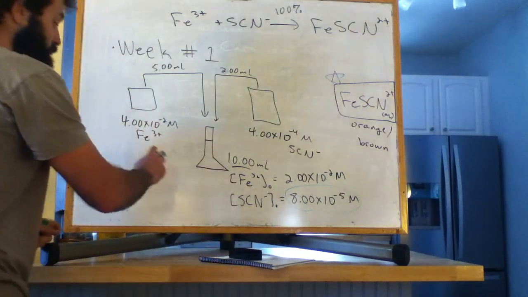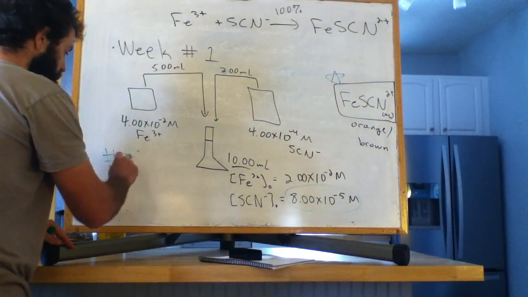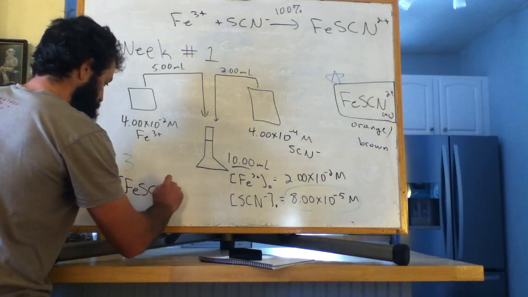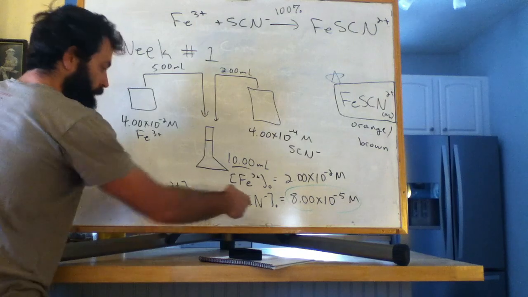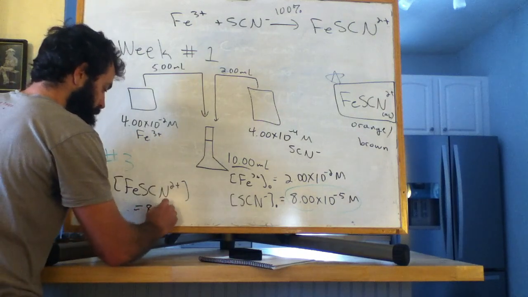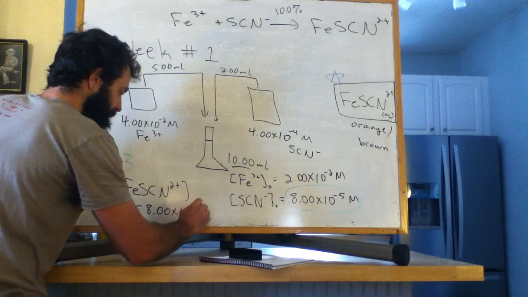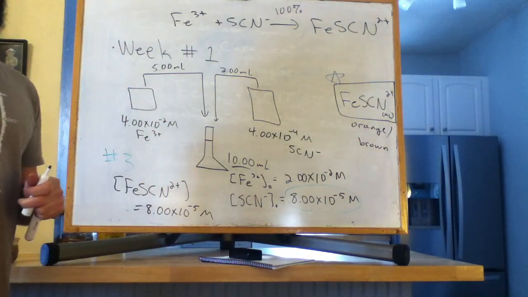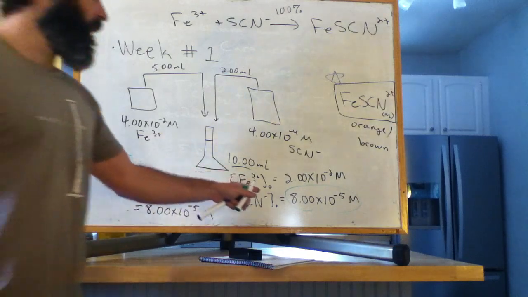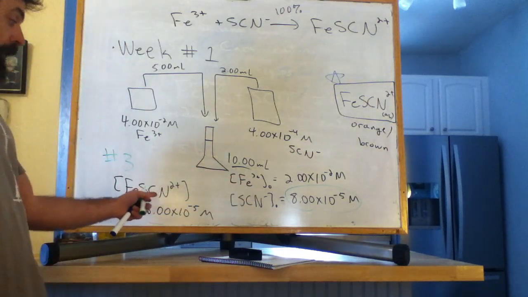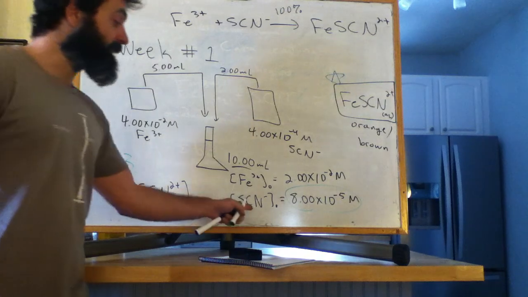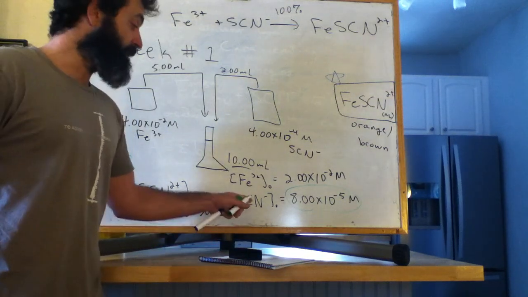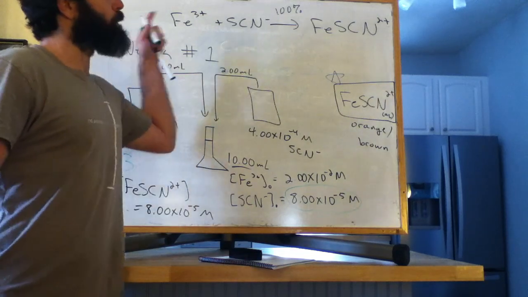So in this flask we just made, flask number 3, the concentration of our FeSCN2 plus will equal the concentration of the SCN minus. And that's going to be true for all of the standards we do. So we should know the concentration of our iron thiocyanate complex. It will be the same as the SCN minus concentration because this is our limiting reactant.